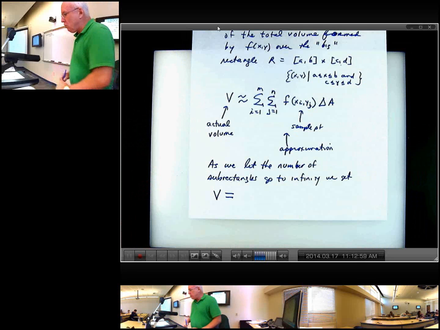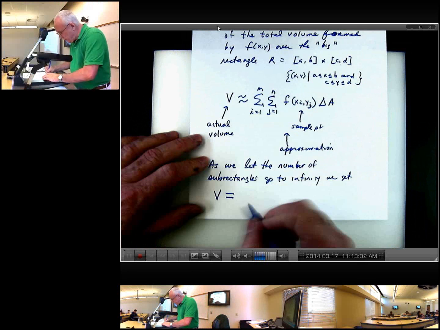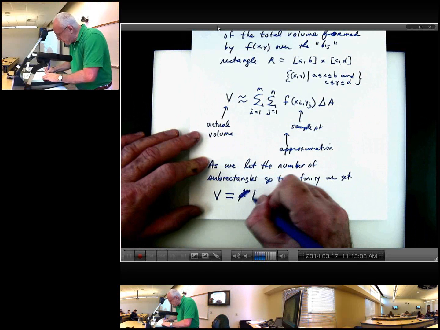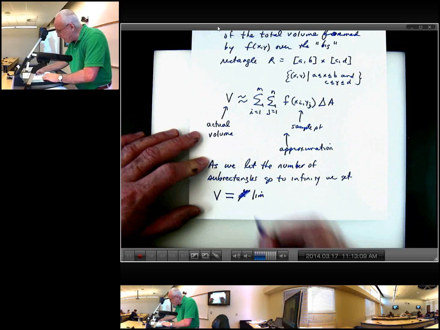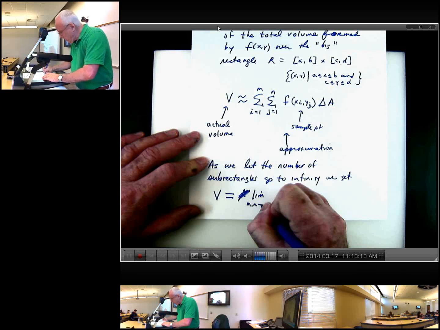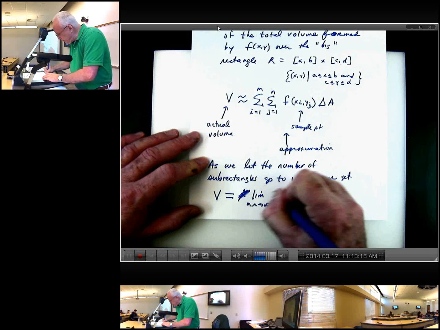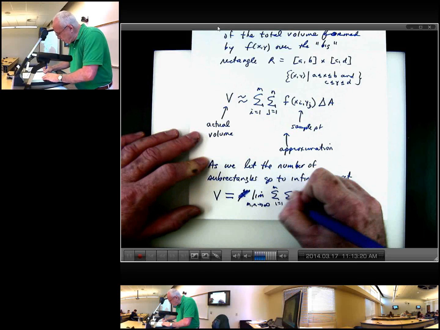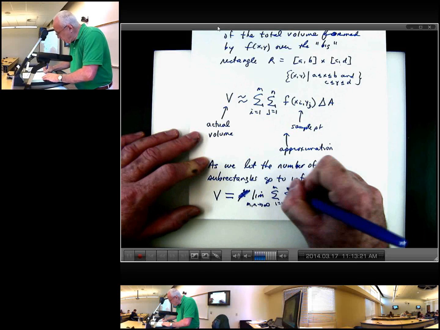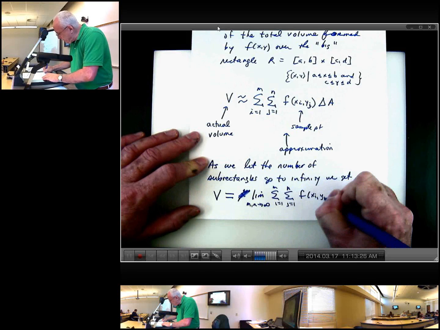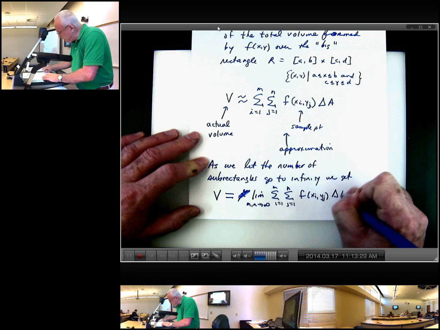So this is no longer an approximation. This is the limit as both m and n go to infinity of this double summation, i equals 1 to m, j equals 1 to n, of our function value at the sample point times the delta area.